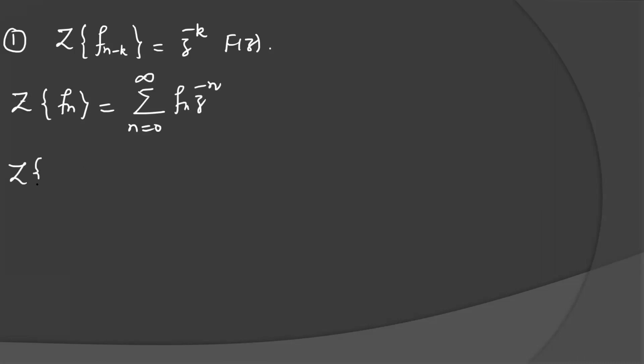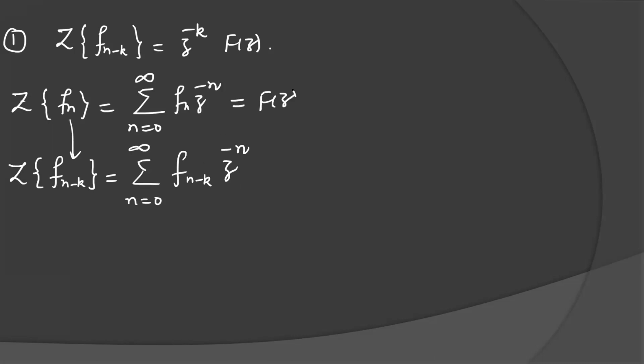Now if you take the Z transformation of f of n minus k, it will become sigma n equal to 0 to infinity f of n minus k z to the power minus n. We are going to change the sequence here. Firstly the sequence was fn, now the sequence is f of n minus k, and we suppose this is equal to Fz only.